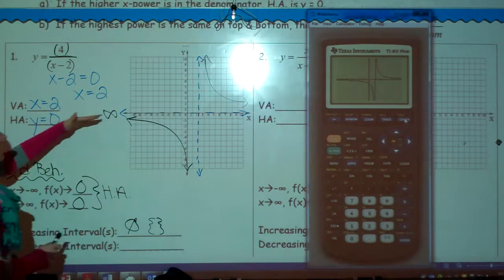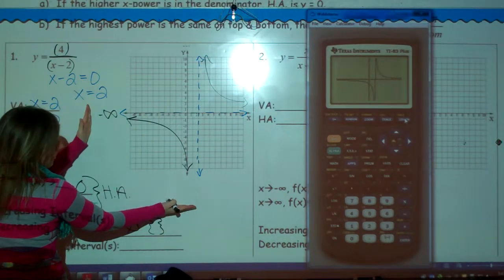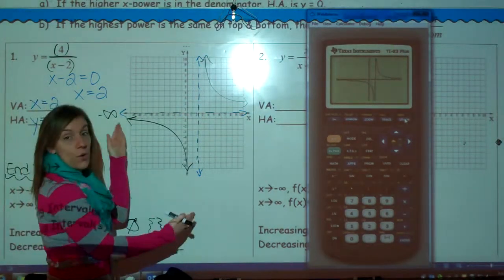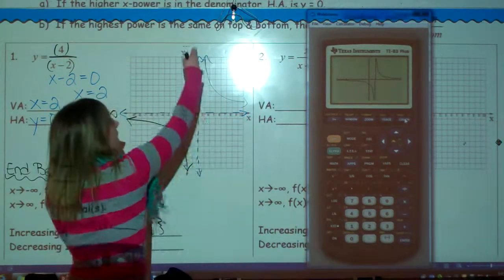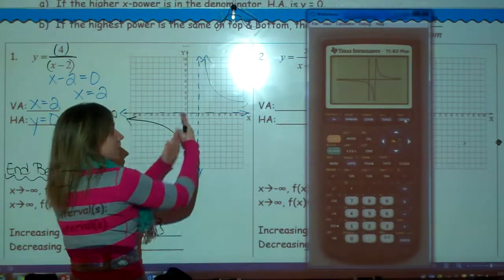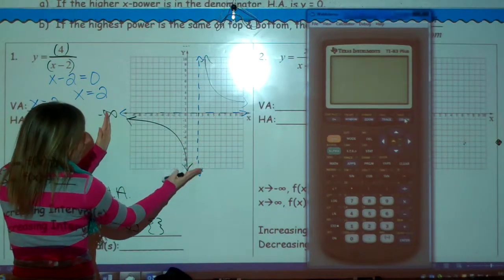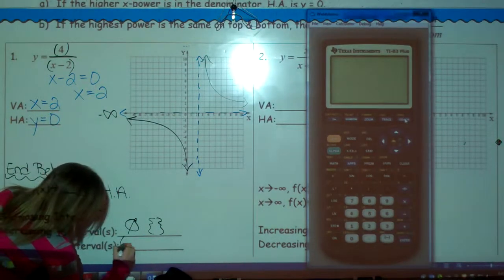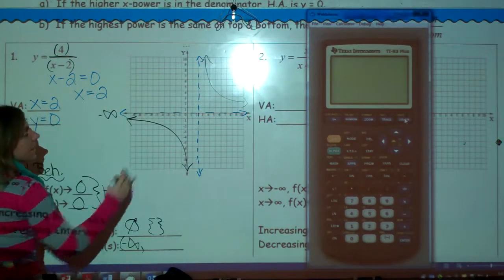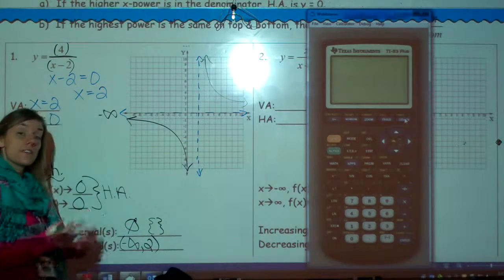But decreasing, this one, as it goes from left to right, it is going down, okay? But instead of a turning point, like we have on other graphs, this actually has a breaking point. It's actually split into two sides. So this side is from negative infinity on the left, and it's approaching this line, which is 2, but it doesn't cross it.